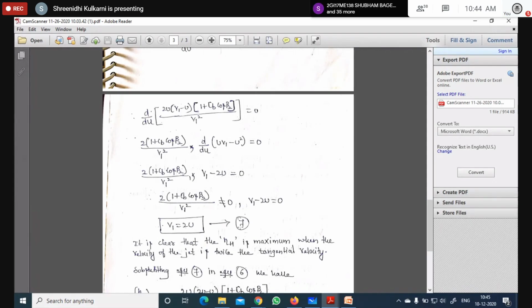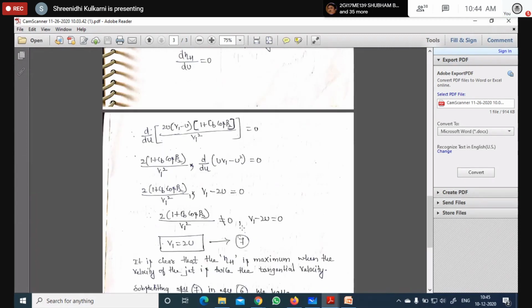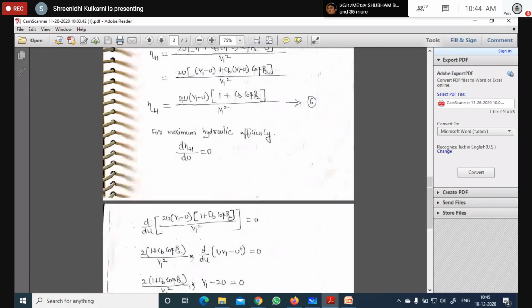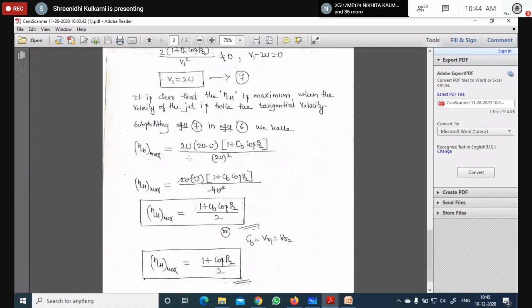Once we got this, we are going to substitute this, equation 7, that is v1, in equation 6. Wherever we have v1, we replace it with 2u.